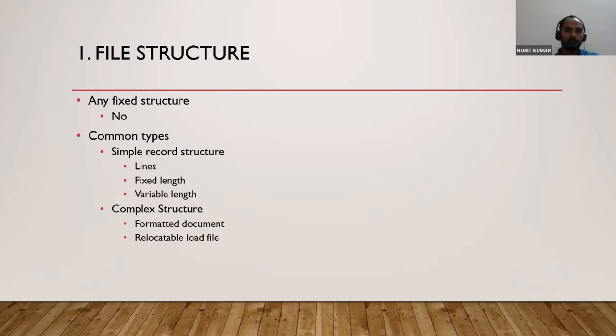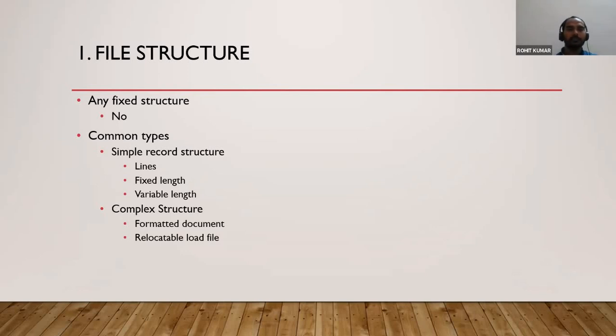When things become machine readable or machine dependent, it's easy for the machine to work on that file, but not easy for a human being. So relocatable load files and highly formatted document files come under the complex structure category.